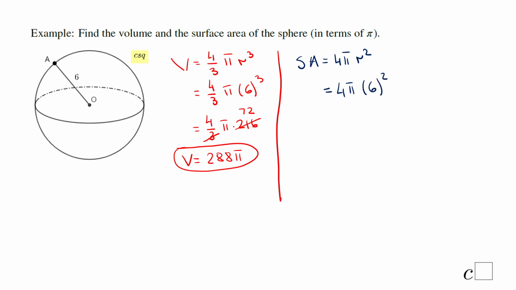We don't really need the parentheses. I just want you to see how we replace the radius. And 6 squared is 36, and we have 4 times 36. That will be 144 pi. Surface area is 144 pi square units.